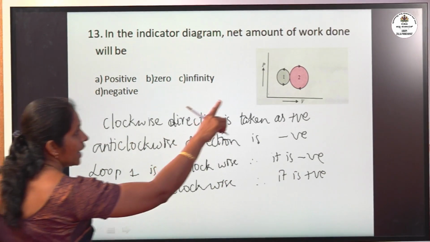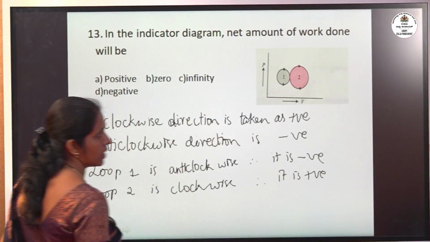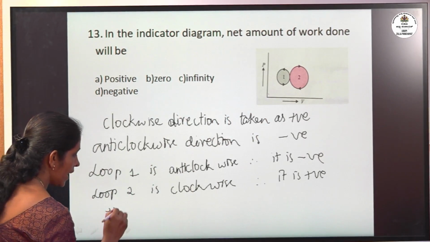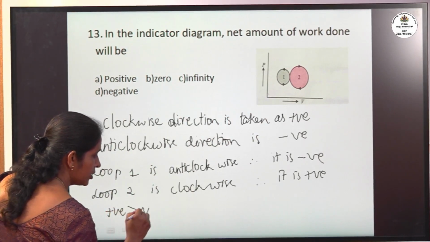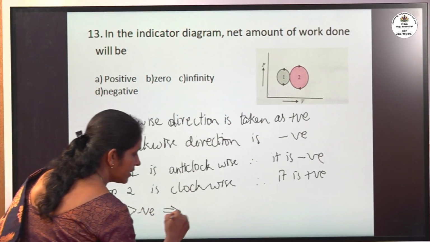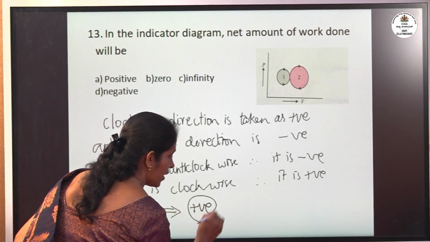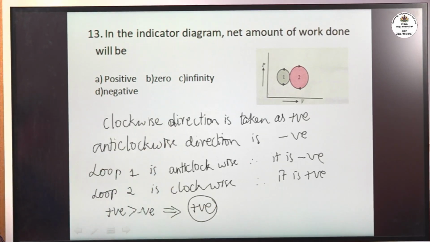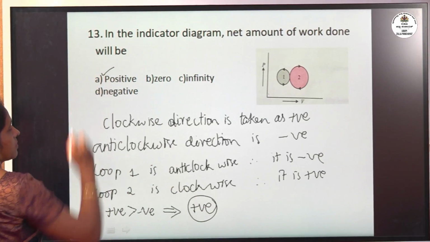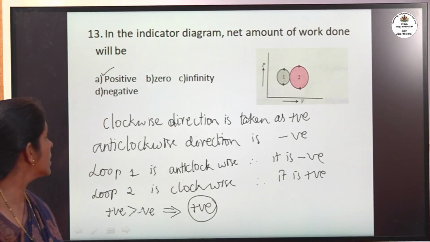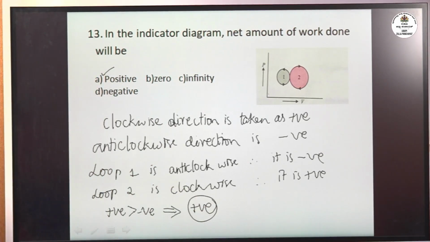Now, if you add the net work done in these two cases, the positive value is greater than the negative value, so the net result is a positive quantity. Therefore, option A is correct. Net work done will be positive.